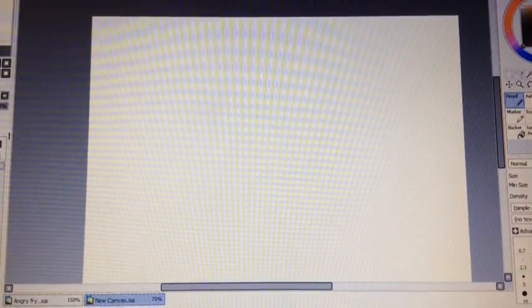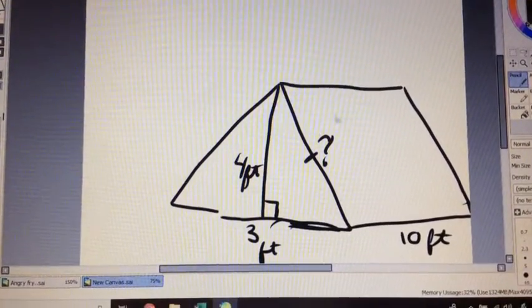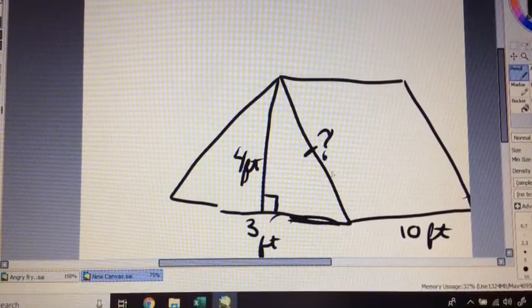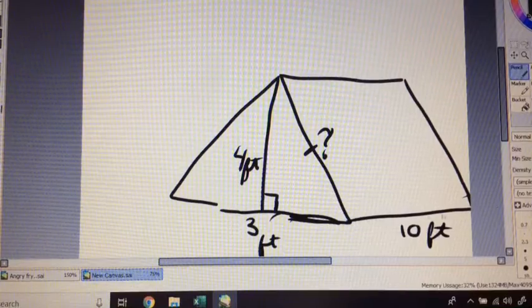But we have a problem. How will we find the height of the rectangles?